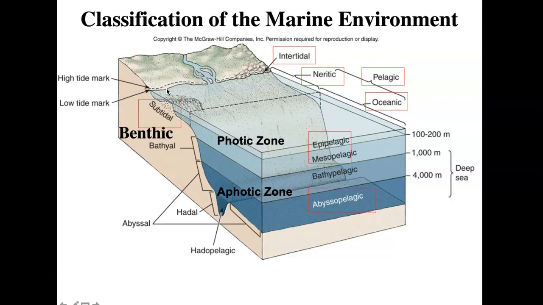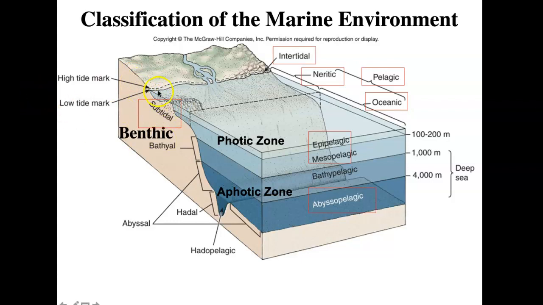These are areas along the shoreline that are at some point throughout the year either covered by water or uncovered at the very low tide mark. So the intertidal zone is literally between the high and the low tides.